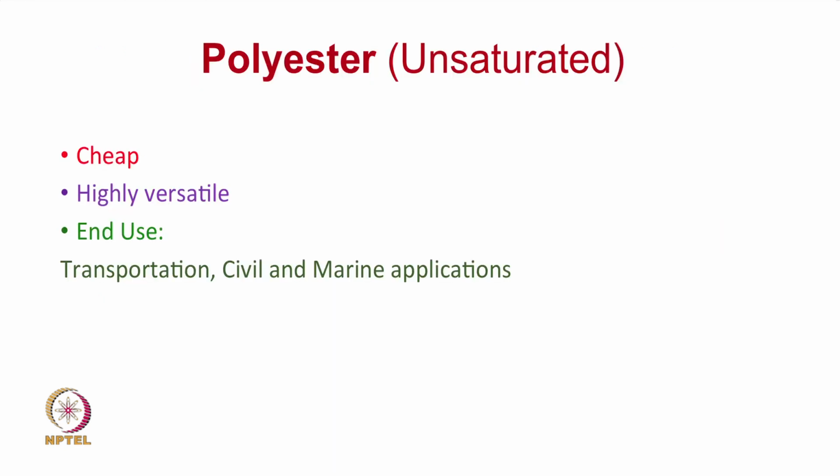Among the thermoset matrices, the unsaturated polyesters' characteristics are low cost, extreme process versatility, and good performance, and this polyester thermoset matrix is used in the transportation industry, construction and marine.